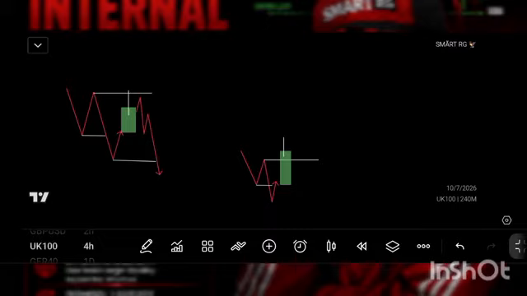We're only expecting that the market is either giving us an internal liquidity or a structural point. A structural point is when the market will actually move and closes with the wick. So it's good and clear.